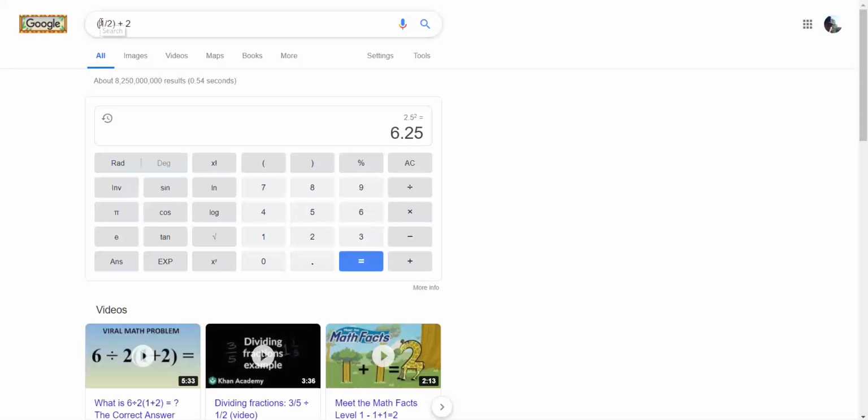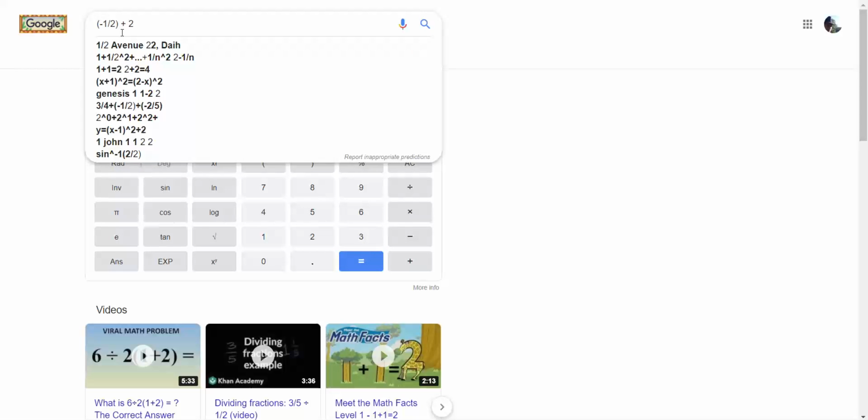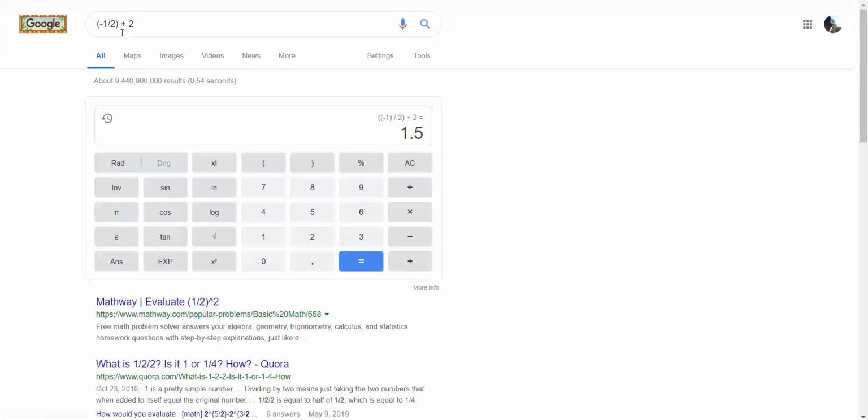What if this was negative half? 1.5, 1.5. Okay, we're getting somewhere here. 1.5 squared.